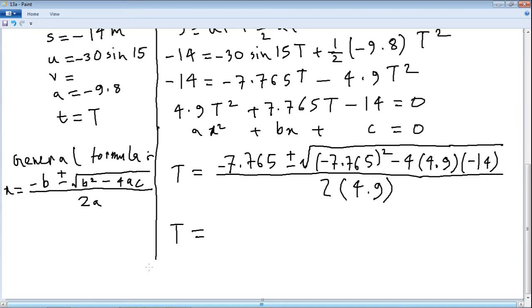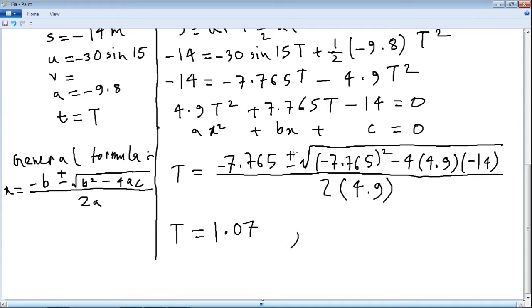Minus 7.765 whole square minus 4.9 minus 14 divided by twice a, which is 4.9. The answer comes as 1.07. The first answer is 1.07.